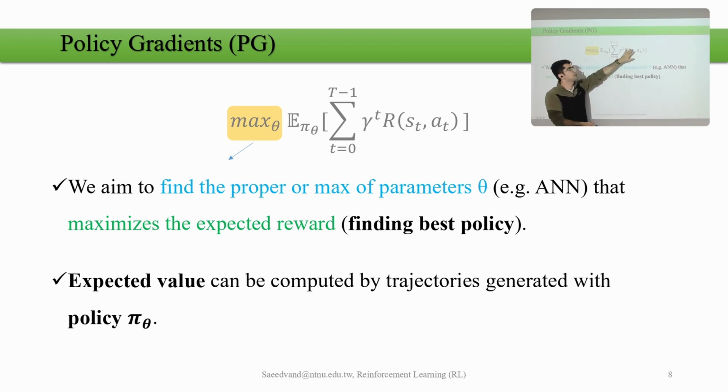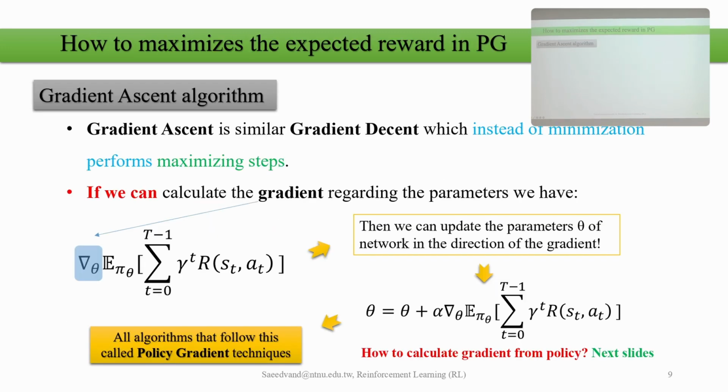Because if we collect more reward, we are optimizing the policy directly too, right? And finding the best parameters to collect the rewards that finally give us the policy that we want. So we can say this expected value can be computed by trajectories generated by policy pi that I explained already.